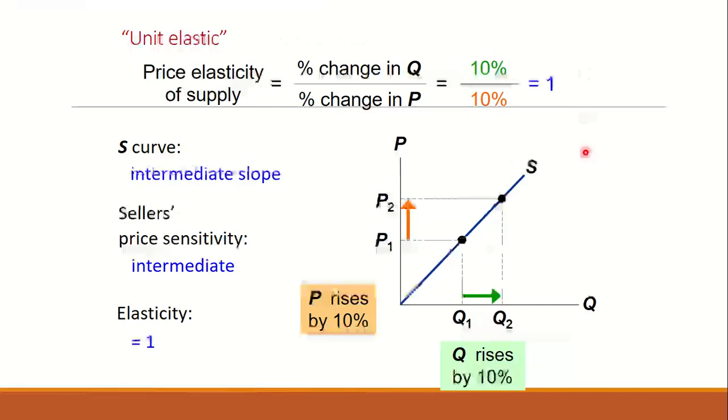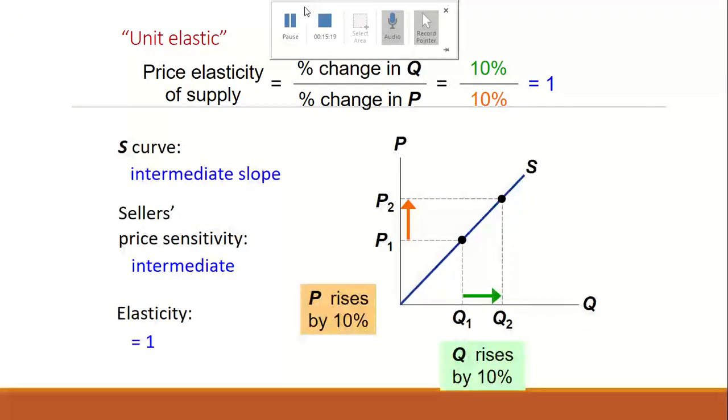Now comes unit elastic. There is an intermediate supply slope and the seller's price sensitivity is also intermediate. Here price rises by 10% and quantity also rises by 10%. So price elasticity of supply is 10% divided by 10%, which is equal to 1.